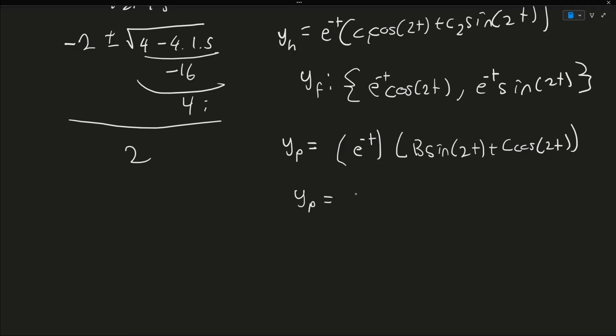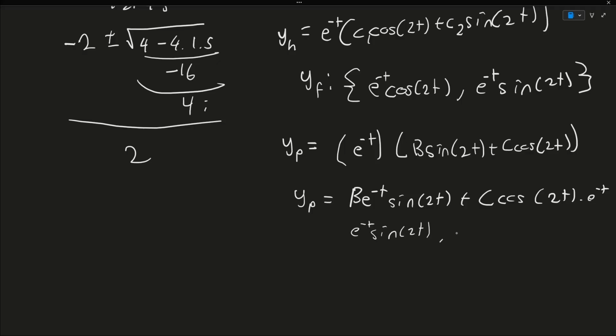So y of p is going to be b times e to the minus t sine of 2t plus c cosine of 2t times e to the minus t. Now we want to find our fundamental set of solutions for this one, and it will be e to the minus t sine of 2t, comma, e to the minus t cosine of 2t. Okay? That's y fundamental for p, ypf. Here's an important thing we want to do.